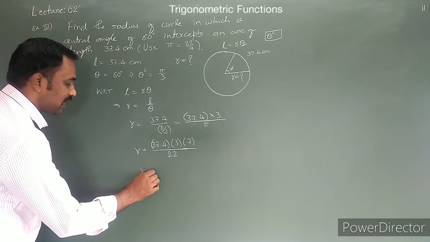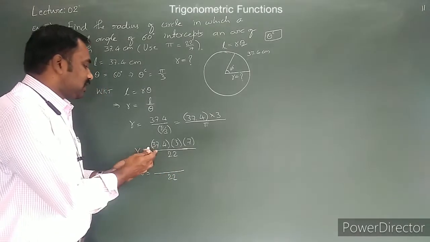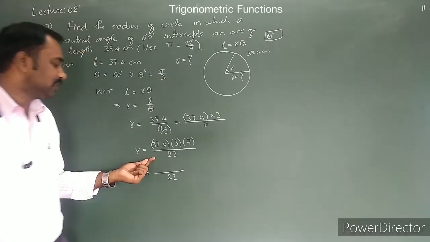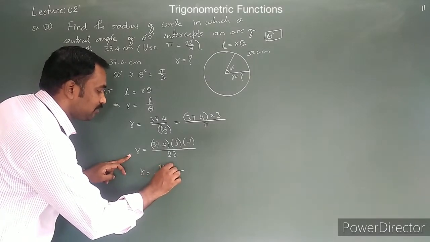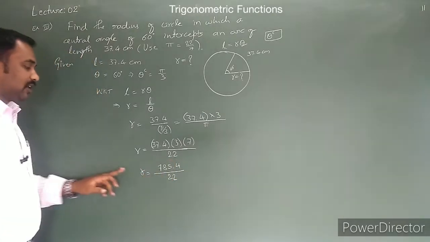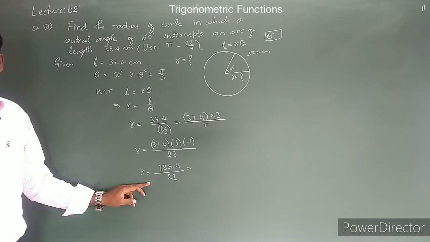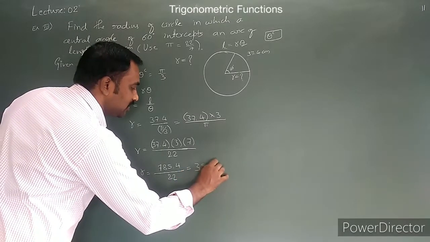So what is the r value? Divided by 22 as it is multiplied. 37.4 into 3 into 7. What we get is 785.4. Now 785.4 divided by 22 is 35.7.